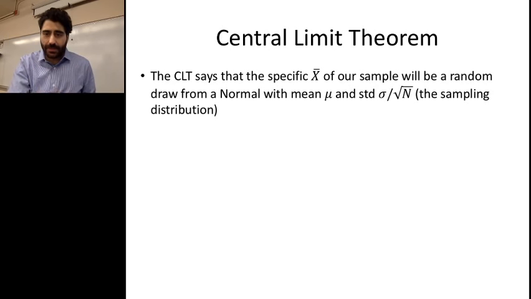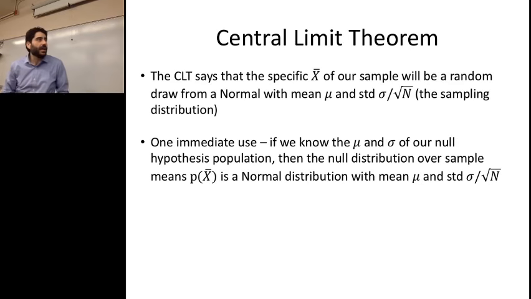One immediate way we can use this is to do null hypothesis testing. Remember, the goal of null hypothesis testing is to assume that the population has some null, uninteresting distribution, and then ask whether it looks like our sample could have come from that distribution.